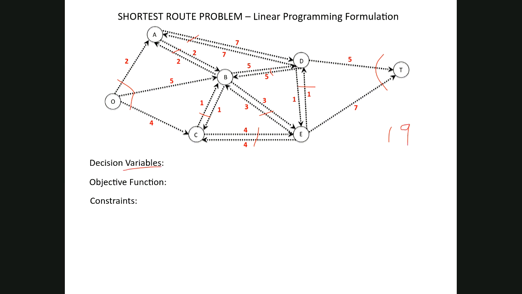And hopefully you can see also that there's going to be 1, 2, 3, 4, 5, 6, 7 constraints, not counting non-negativity.